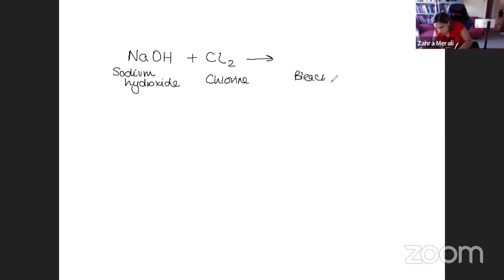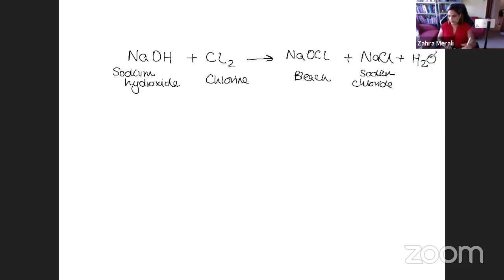So they've got sodium hydroxide plus chlorine gives you bleach, plus sodium chloride. You're not expected to know this equation. It's an equation that you would be given, plus H2O. Okay, so plus some water. And another part of the equation required you to balance it, which just required a 2 there.